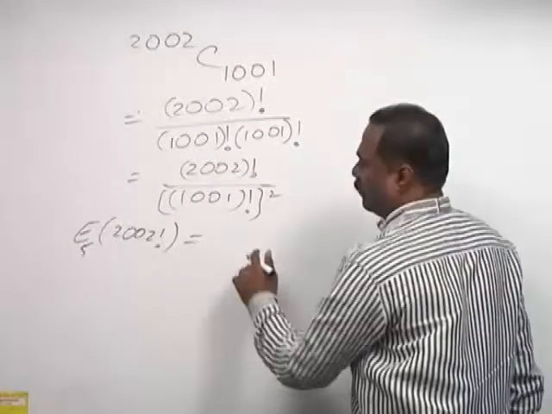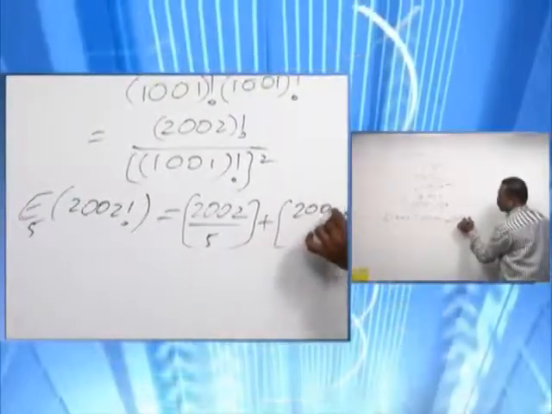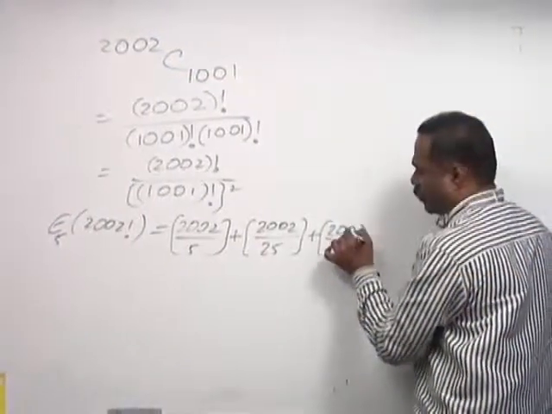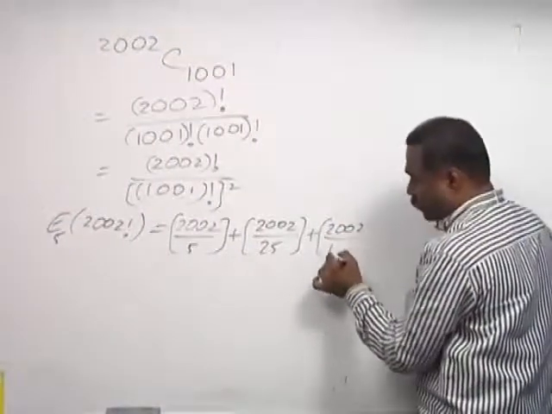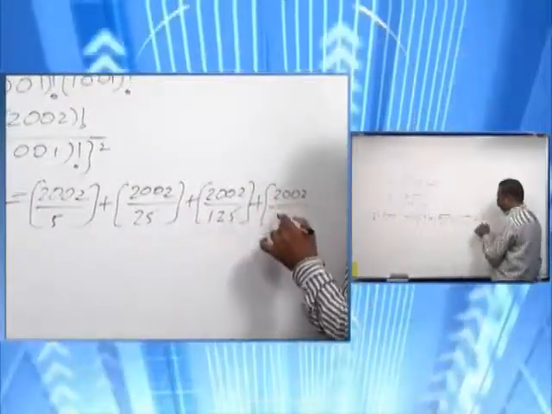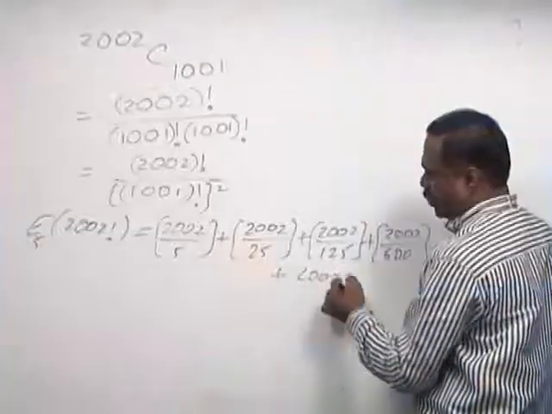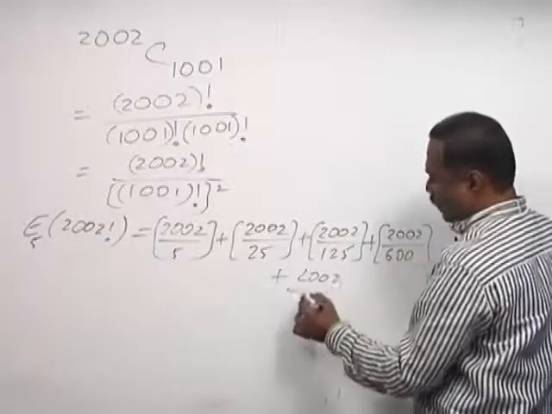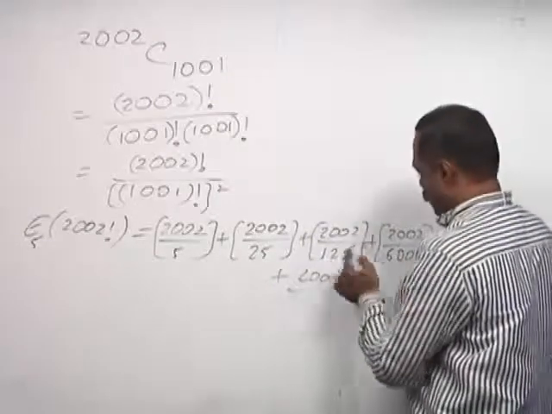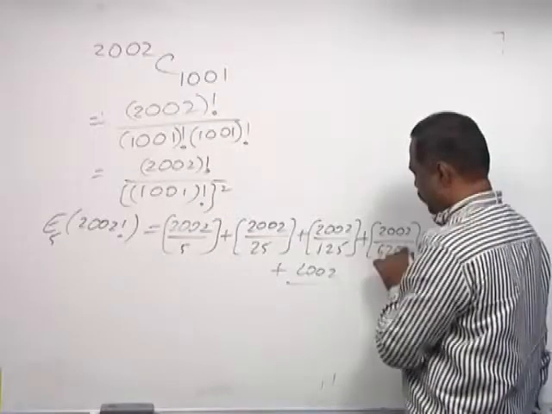What should it be? That is 2002 upon 5 plus 2002 upon 5 square, 2002 upon 5 cube, 2002 upon 5 power 4. 5 power 4 is nothing but 5 into 125, it is 625.